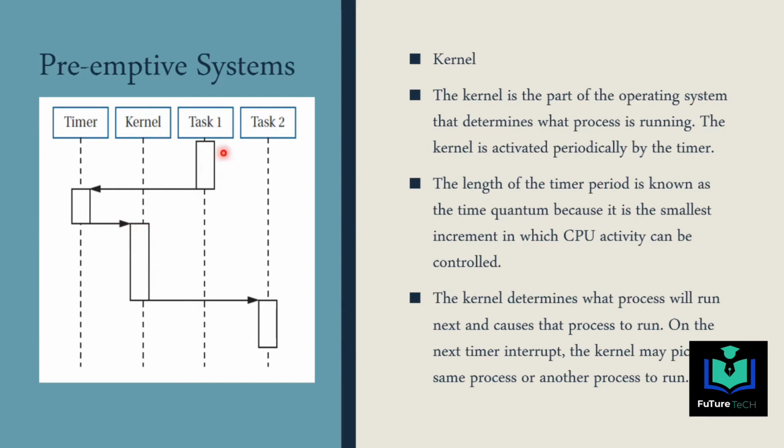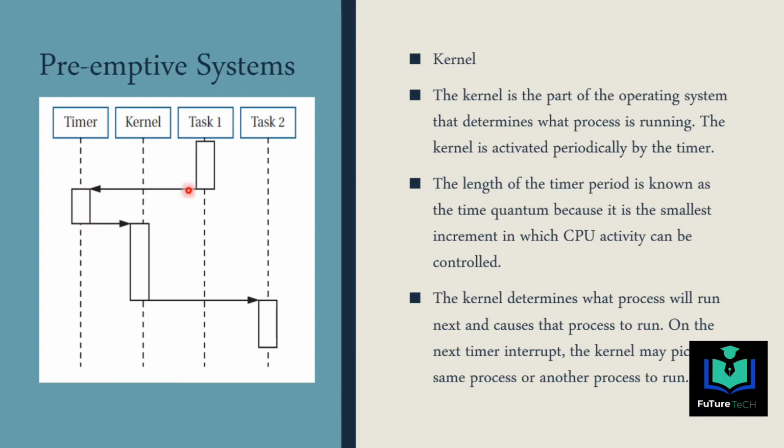When task 1 has completed, it returns to the timer, and then the timer will activate the kernel. After the kernel job is completed, control is given to task 2. Now the length of the timer period is known as the quantum. It is called a quantum because it is the smallest increment in which CPU activity can be controlled.